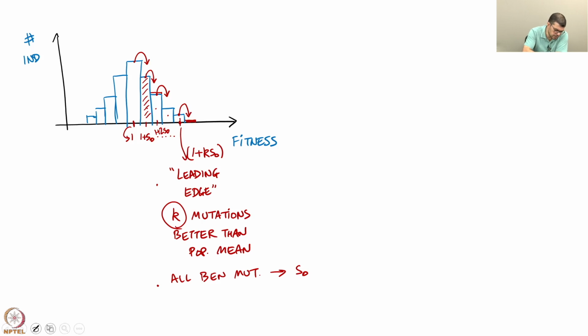Now, this new leading edge that has occurred may go extinct because of drift, in which case we are back to square one, our leading edge is again the leading edge, or it may get established in the population, in which case it begins to increase in frequency and we have a new leading edge.